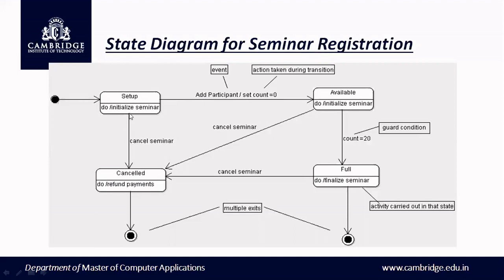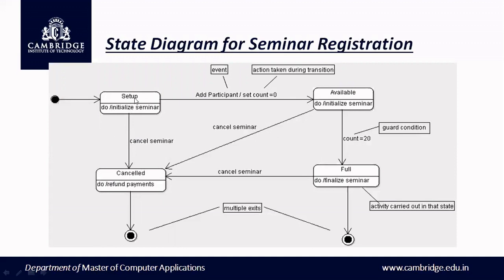The cancellation may take place at any moment of time, whether in the setup state, the available state, or the full state. From any state, in case of cancellation, the transition takes place from that particular state to the cancelled state.